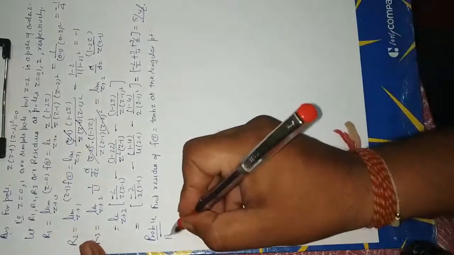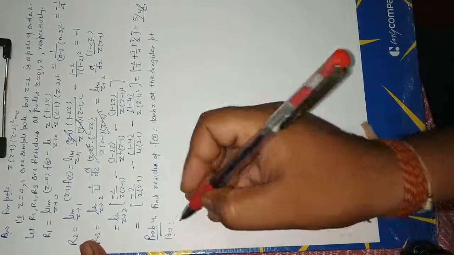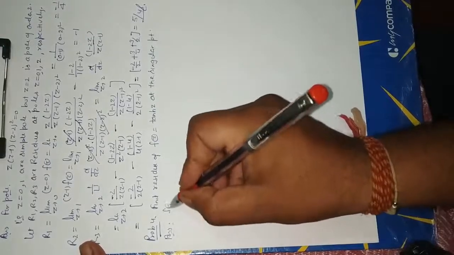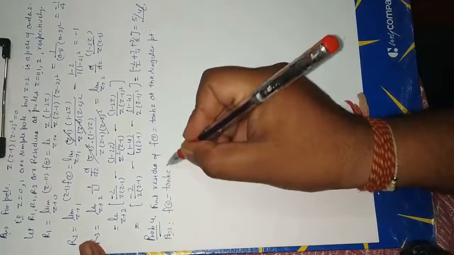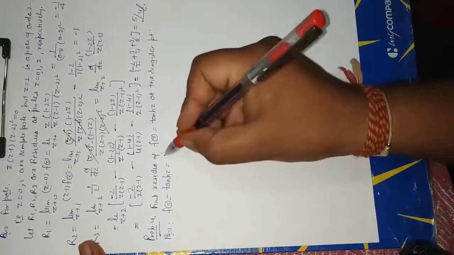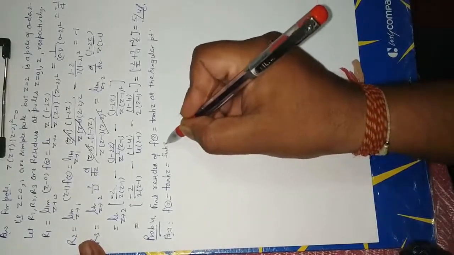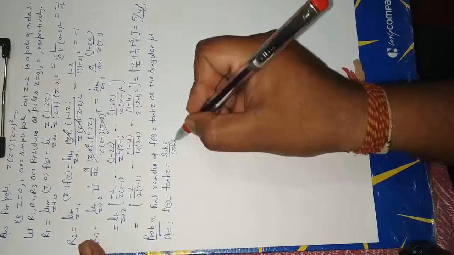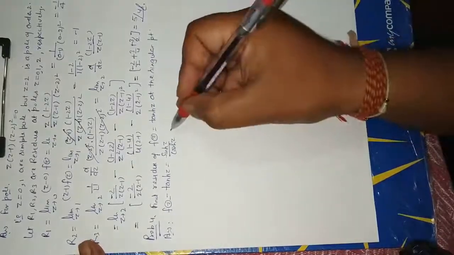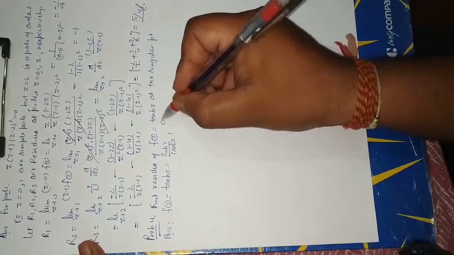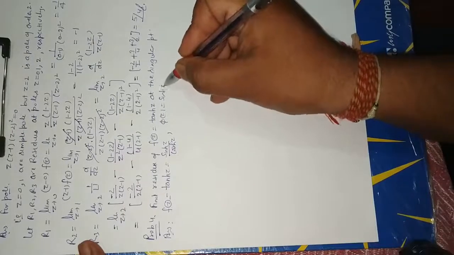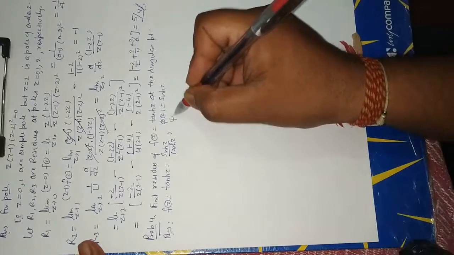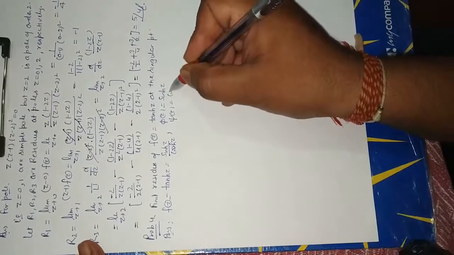This is the important question for competition. Now f(z) is equal to tanh z, which is equal to sinh z upon cosh z. Here we consider phi(z) is equal to sinh z and psi(z) is equal to cosh z.